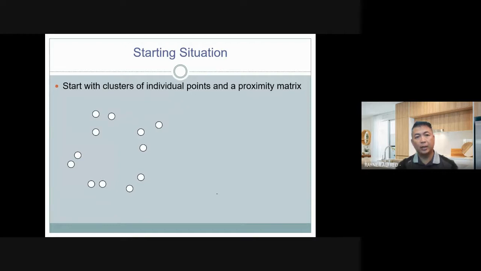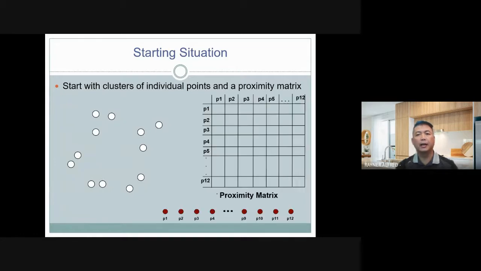For this one, we start with clusters of individual points and the distance matrix. So this one, we assume that we have 12 here, and each of the documents here is considered as one cluster. So we start with 12 clusters here.